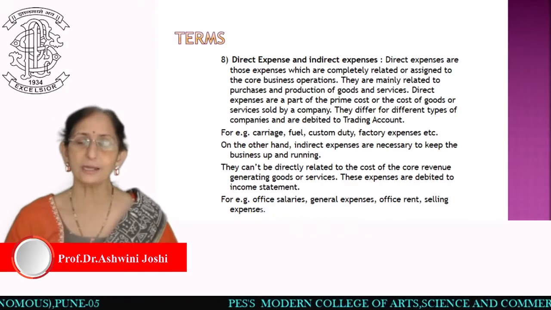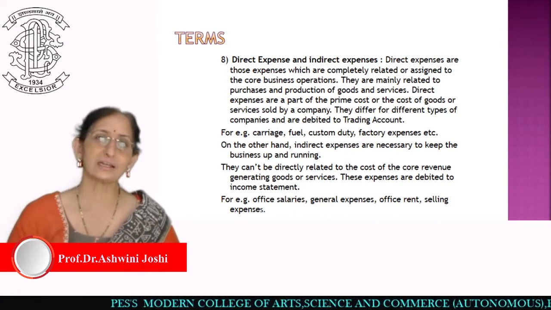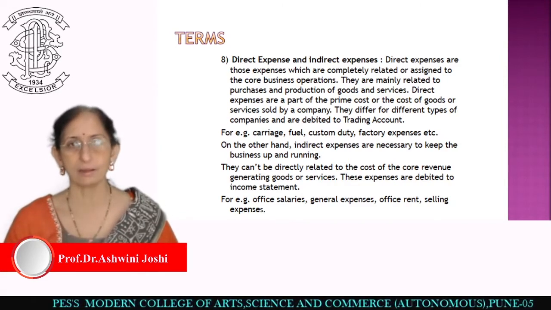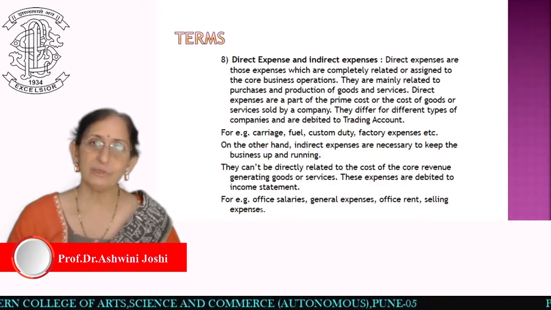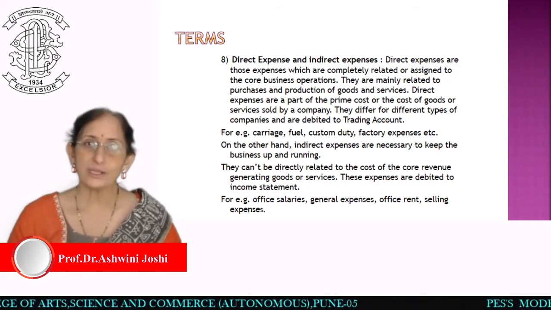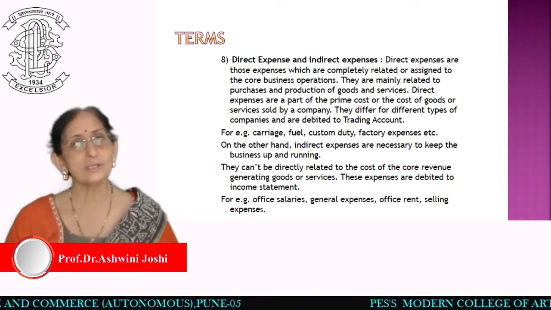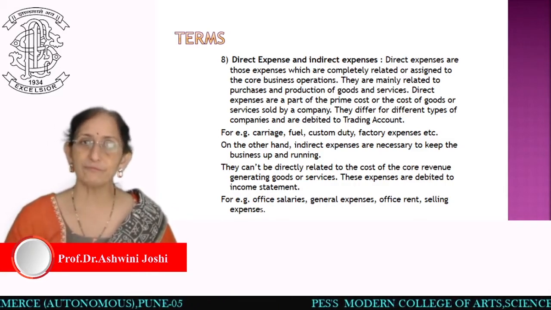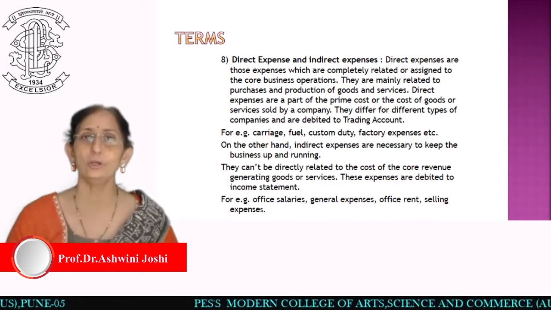Because you know that all manufacturing expenses, all direct expenses, all factory expenses, we debit to trading account. What do we want to find out through trading account? We want to find out the gross profit earned by the business. And what is gross profit? It's the difference between the sale price and the cost of goods sold.